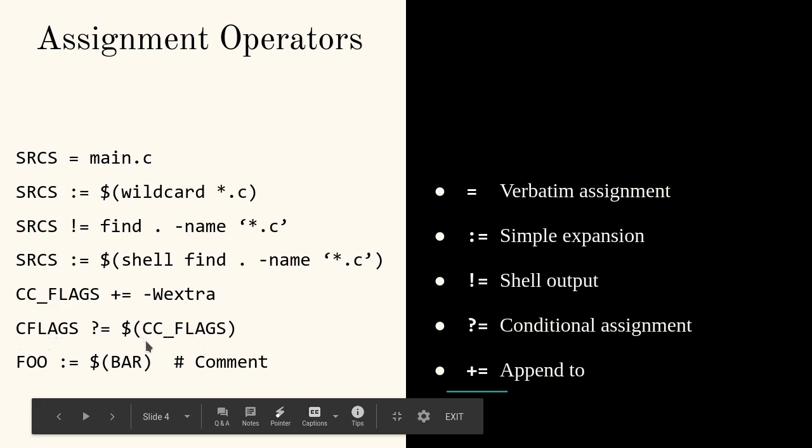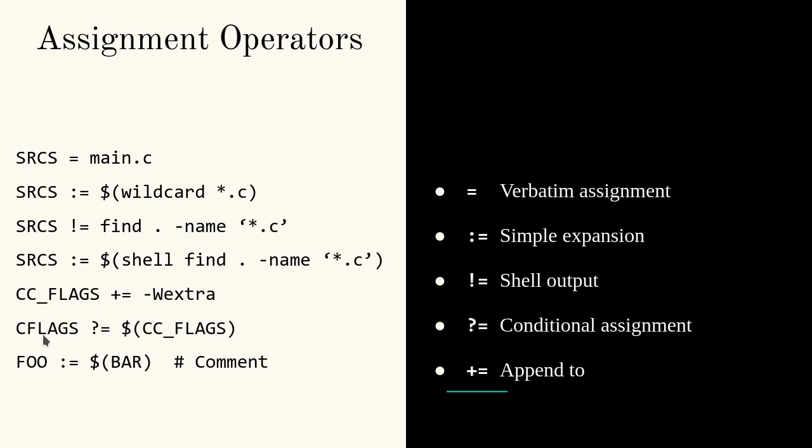So say we have a variable called CFLAGS defined somewhere, and if our operating system hasn't defined CFLAGS, then we'll use our own. So you don't have to do ifdef or if not equal, anything like that. You literally just use that one assignment operator.